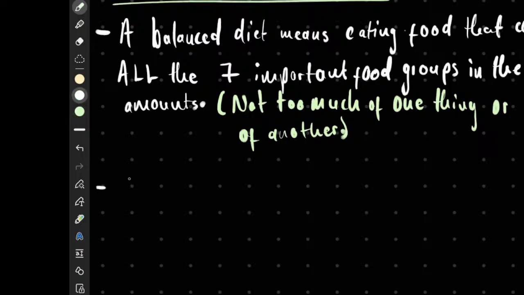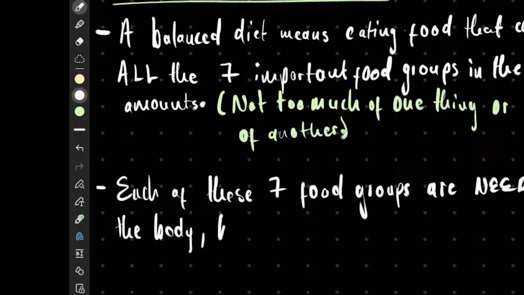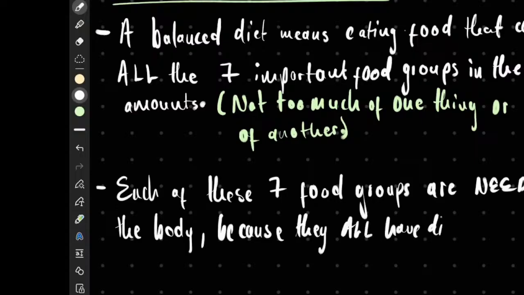Are we together? Say, each of these 7 food groups are needed by the body because they all have different functions in the body.